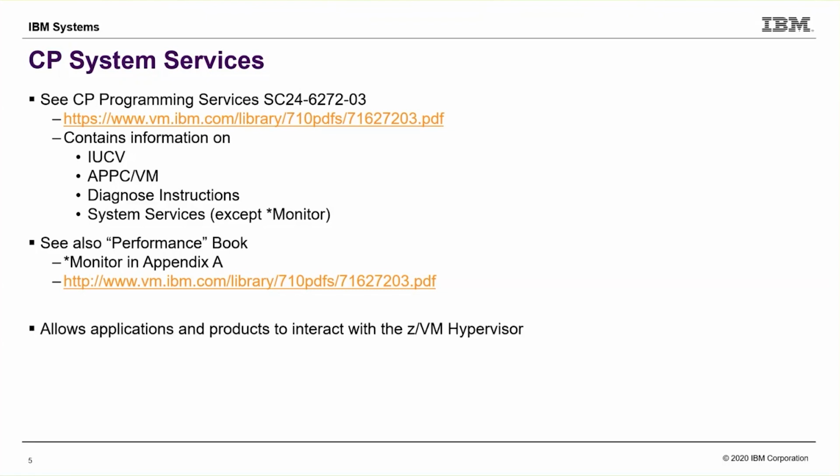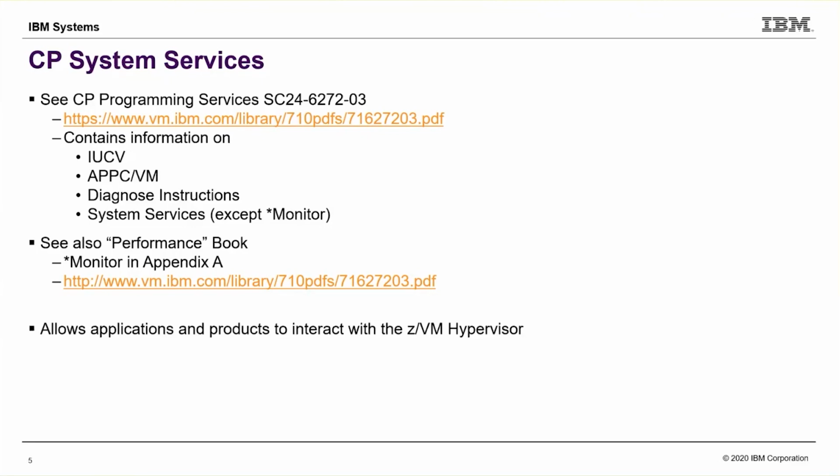There are multiple ways that you can interact with the operating system, the hypervisor. The Programming Services book will talk about some others. Two of the things we've mentioned briefly in the past have been IUCV and APPC/VM. IUCV is Inter-User Communication Vehicle, and you can think of it as a sockets-like protocol. We'll talk a little more about that later on. That's actually what we're going to use to connect to these system services.